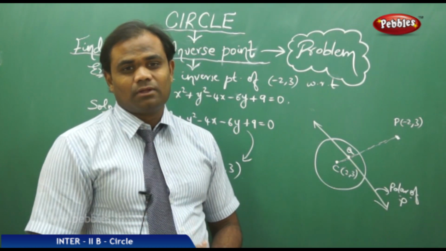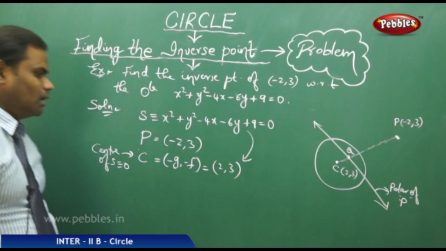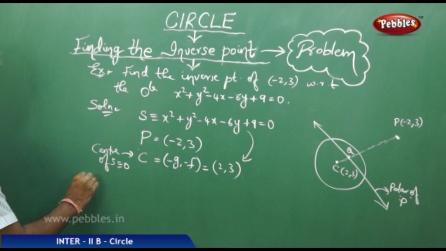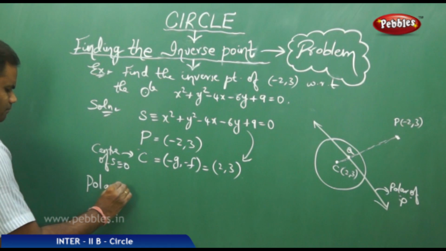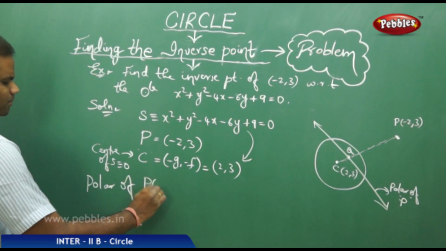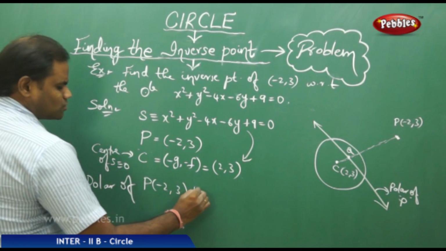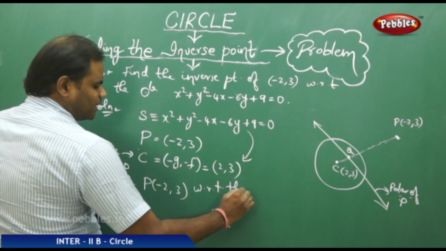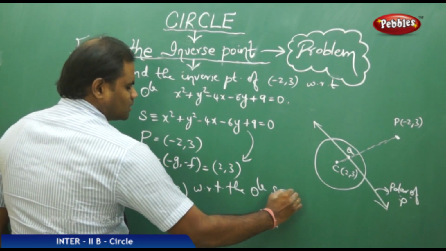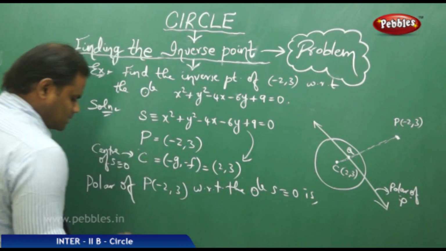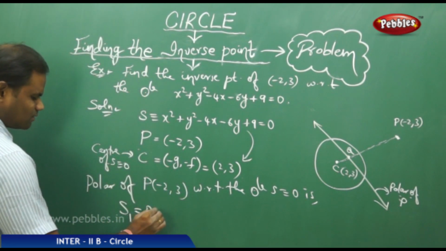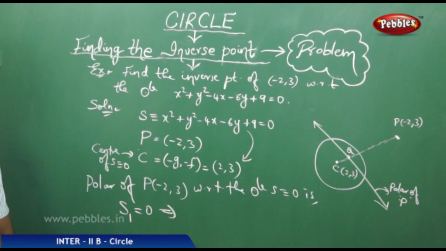So let's see how we can find each of them. Initially, the polar of P (-2, 3) with respect to the circle S = 0 is S1 = 0, using the formula.